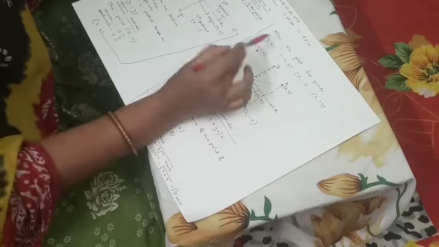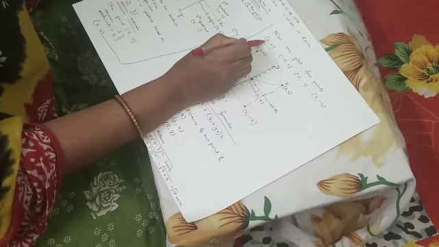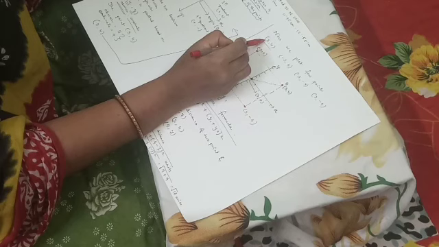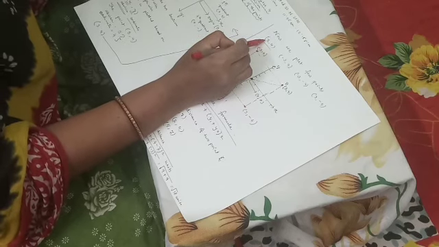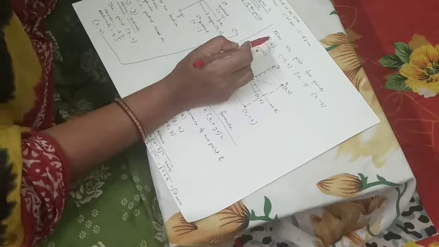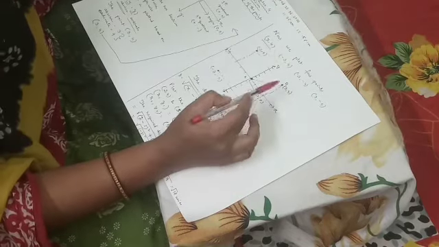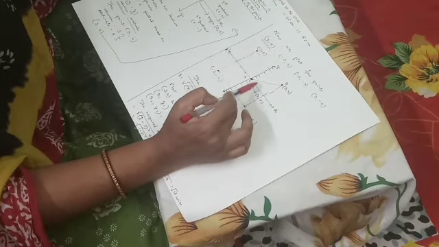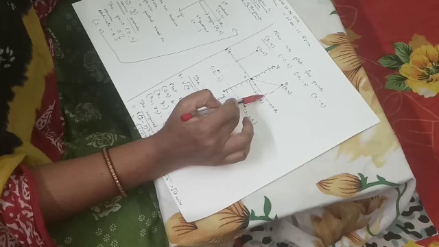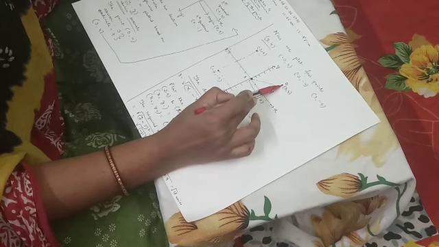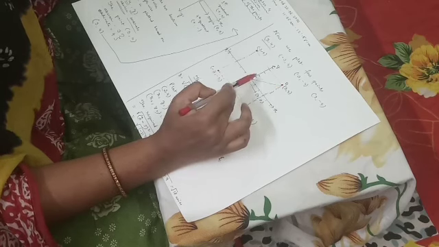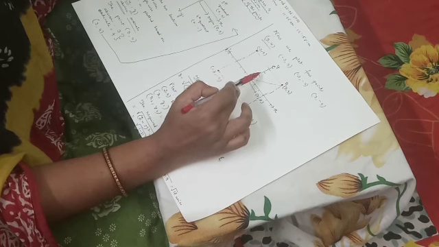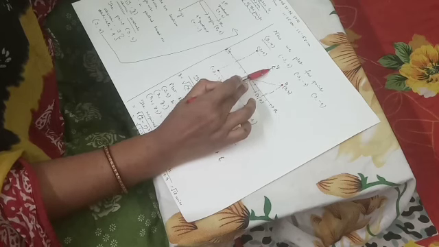Now, the first point which I am taking is 3, 4. What is abscissa? Yes, 3. What is ordinate? 4. So, x-axis, 1, 2, 3. You plot the point over here. Y-axis, 4. From origin, 1, 2, 3, 4.